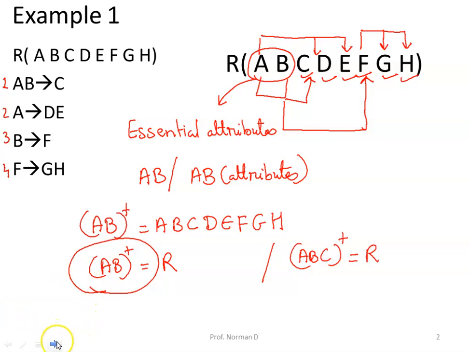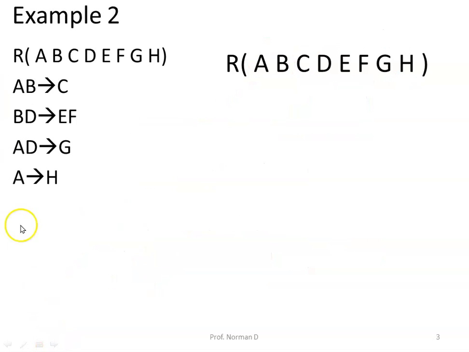We look at the next problem. Second example, we have a relation R with the attributes ranging from A to H with this set of FDs. In this case also we follow the same procedure. We design the edge diagram.